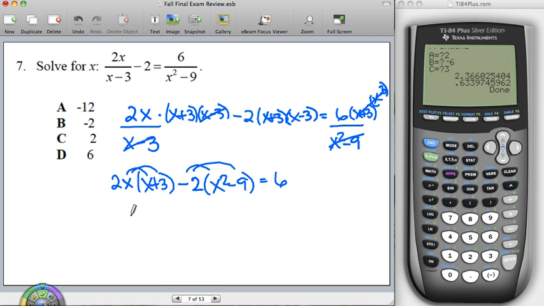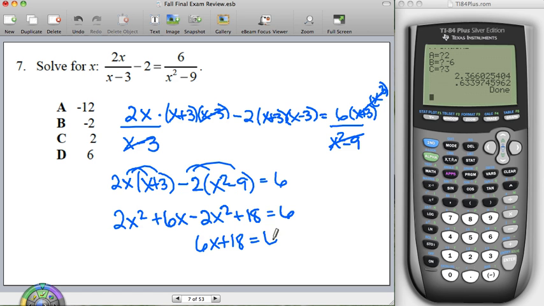It distributes, and that gives me 2x squared plus 6x minus 2x squared plus 18. Don't forget to distribute the minus completely, equals 6. My 2x squares cancel, so I'm left with 6x plus 18 equals 6. Continue to solve, 6x equals negative 12, so I get x equals negative 2.